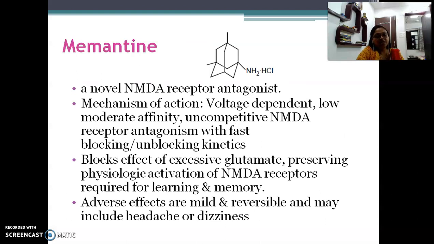The drug under this category is memantine, a novel NMDA receptor antagonist which has moderate affinity and is a non-competitive NMDA receptor antagonist with fast blocking and unblocking kinetics. This fast blocking and unblocking kinetics will block the effect of excess glutamate, preserving the physiological activation of the NMDA receptor, which is required for learning and memory. The adverse effects of memantine are mild and reversible and may include headache and dizziness.